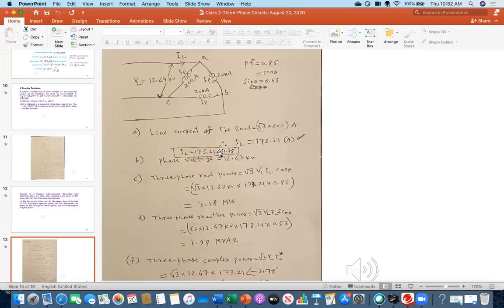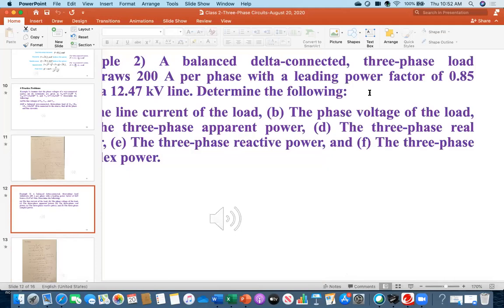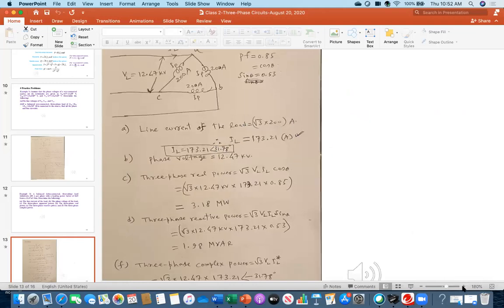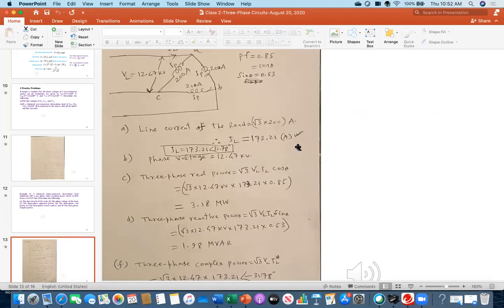Now here, this is the plus angle because leading power factor. If the problem statement says lagging power factor, then at that time please use the minus sign here, like minus 31. Could you follow me, everybody? Is it fine? Yes. Okay, thank you.